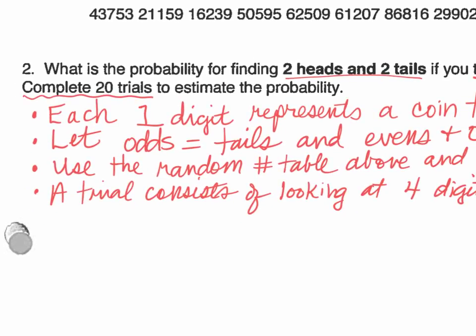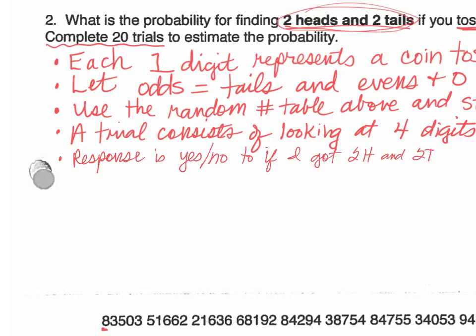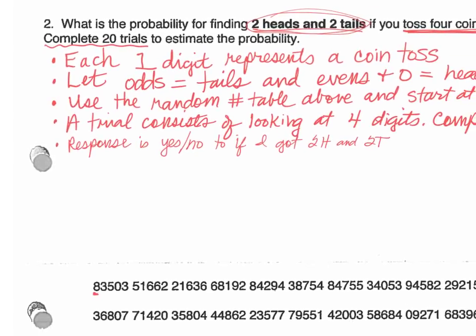What's the probability that I get 2 heads and 2 tails? So a trial consists of looking at 4 digits, and your response is critical. What will you look for? So my response is yes or no to if I got 2 heads and 2 tails out of 4 coins.